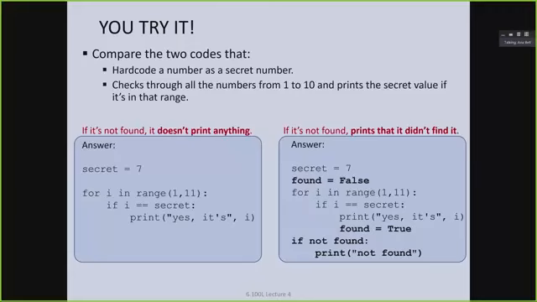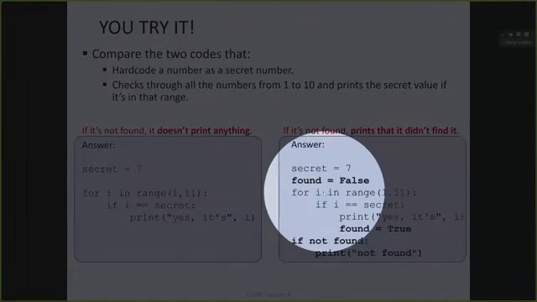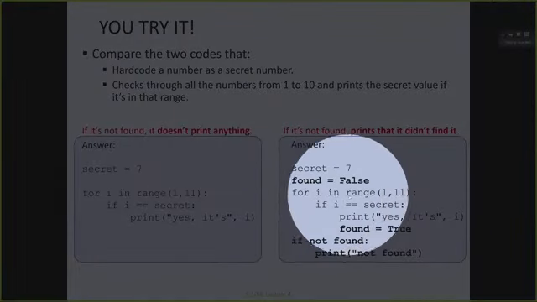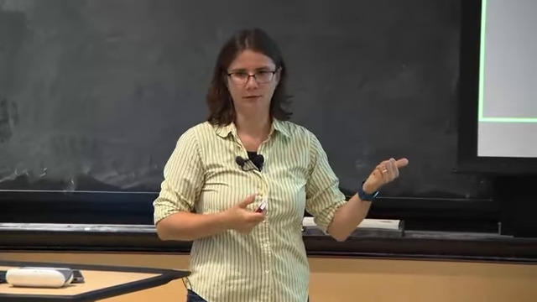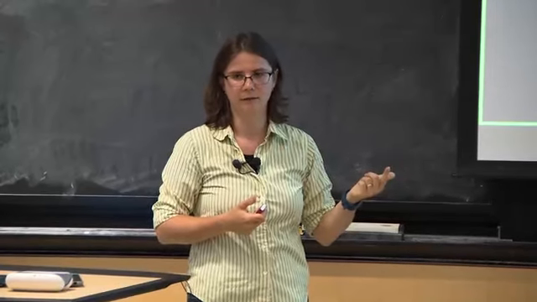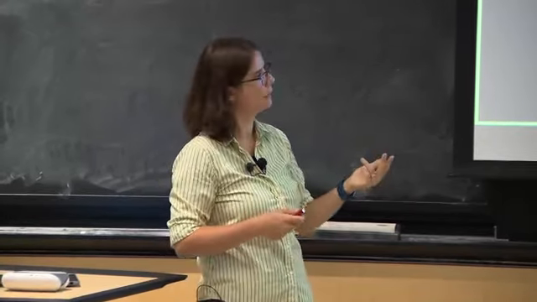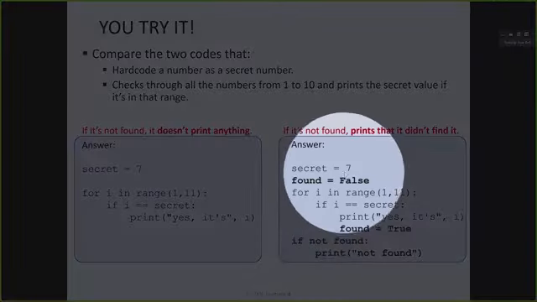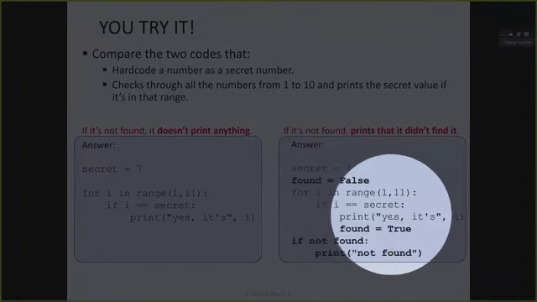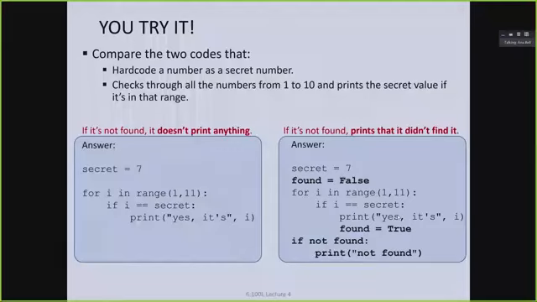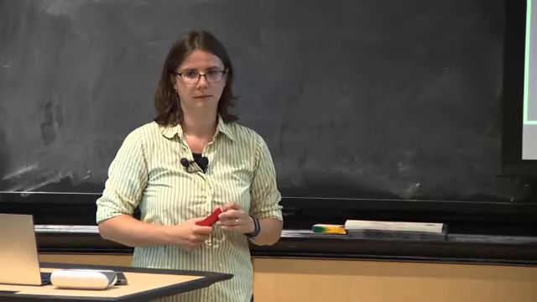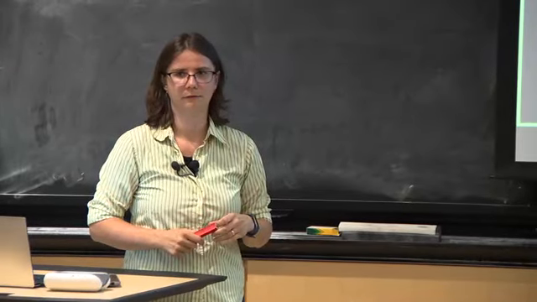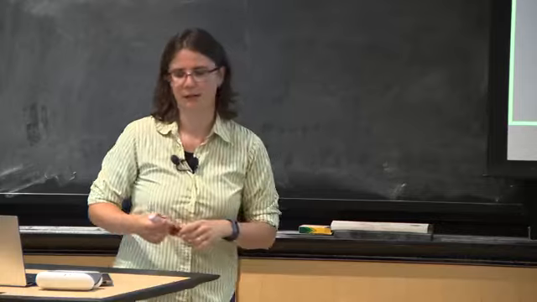If I have an else inside the for loop, it's basically asking if i is the secret number. So 0 is not the secret number, we would hit the else. 1 is not the secret number, we'd hit the else. 2 is not the secret number, we hit the else. And only when I get to 7 in this case, it is the secret number, so I hit the if, and so on. So it's not something I want to do every time through the loop, I put it at the end because I only need to do it once. Does that make sense?